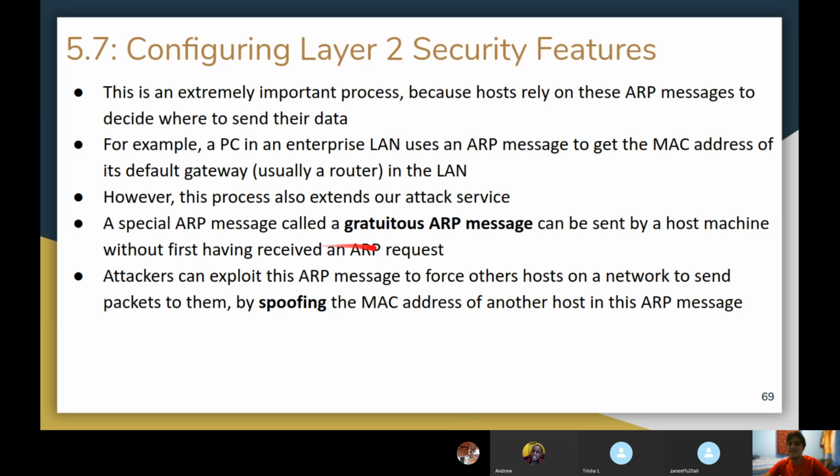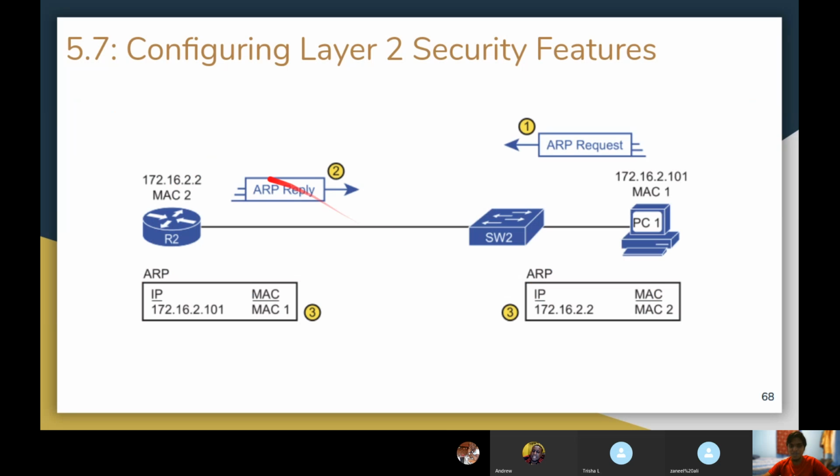So basically, you don't have to wait till somebody says, who has this IP address? You could just send it out and say, hey, here's our ARP reply. I know you didn't ask for it, but I'm telling you anyway. Just update the table. This IP address corresponds to this MAC address. So even though this guy had sent this ARP reply 5 minutes ago, if somebody comes in now and says, hey, this IP address actually corresponds to this MAC address, and that MAC address is different from what he sent, this guy doesn't know that.